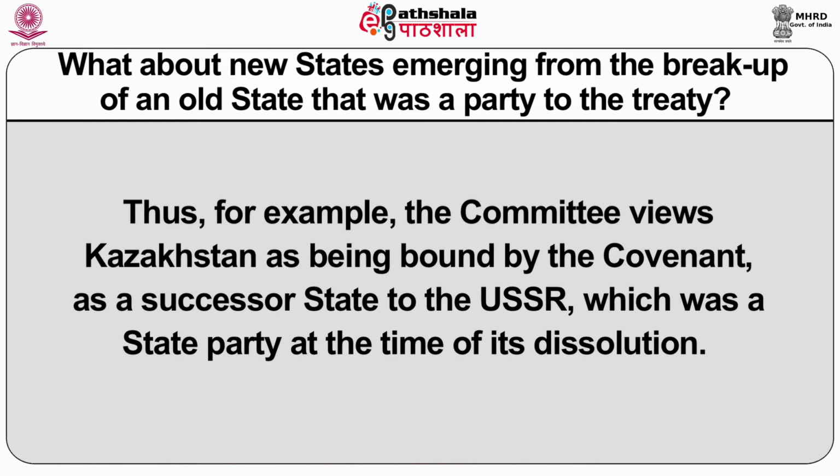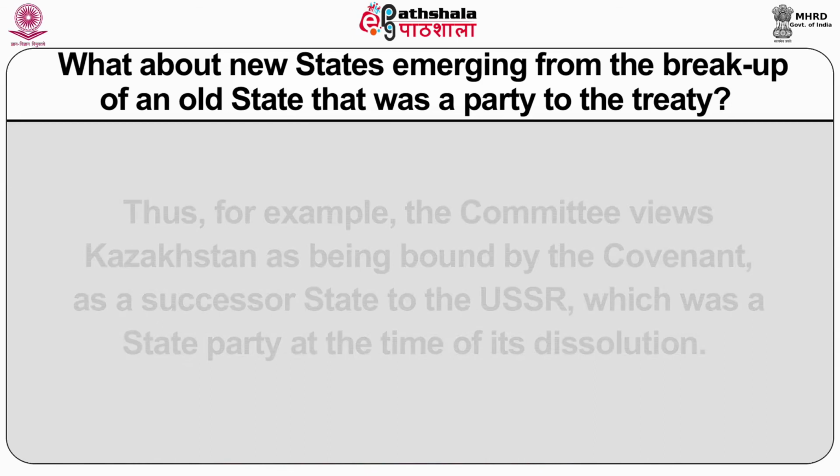Thus, for example, the committee views Kazakhstan as being bound by the covenant as a successor state to the USSR, which was a state party at the time of its dissolution.